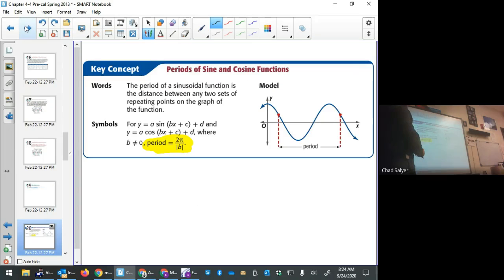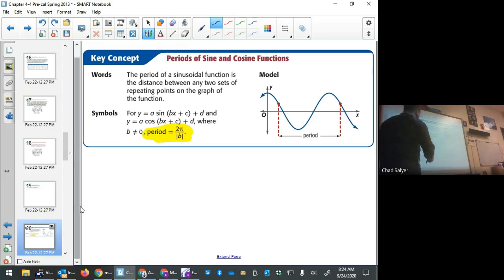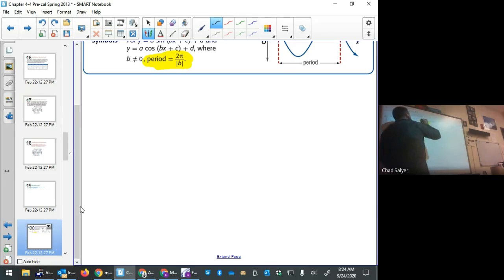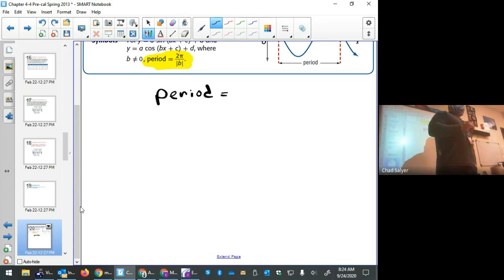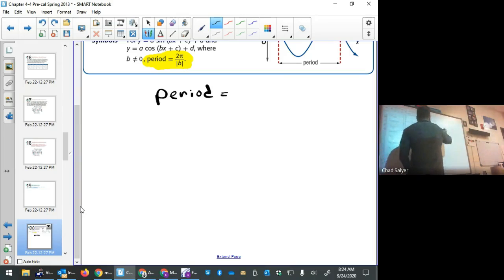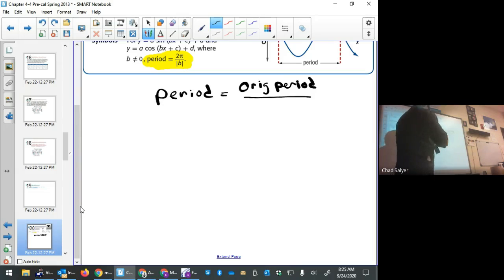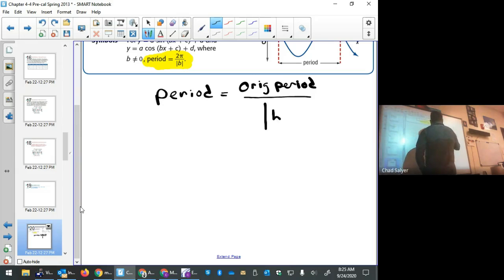Okay, so the period of a sinusoid is going to be the original period. I don't write 2 pi here because for the tangent and cotangent, the period is not 2 pi, but the original period, in other words, the period the function has when it's unmodified, divided by the absolute value of b.